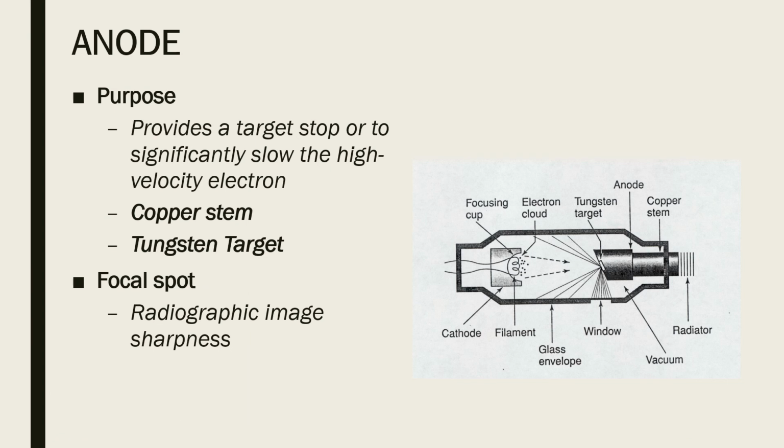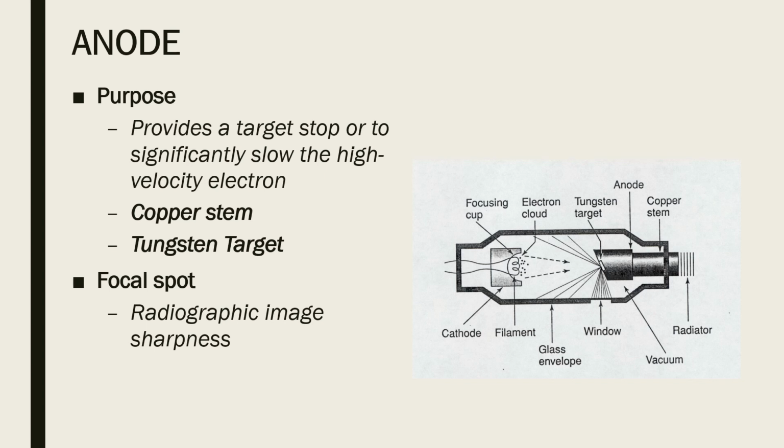Now let's look at the anode, or the positive end of the X-ray tube. The primary purpose of the anode is to provide a target to stop or significantly slow the high velocity electrons, converting their kinetic energy into X-rays.